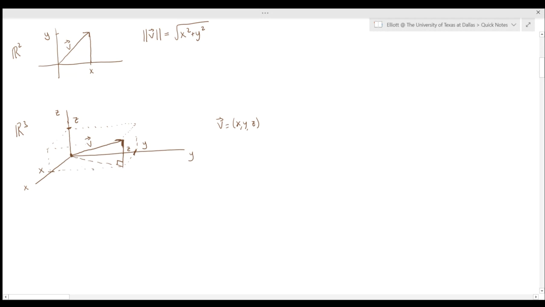So the length of the base would be square root x squared plus y squared, as we talked about just now in R2. So then if you use the Pythagorean theorem on this right triangle, you would get that this squared plus this squared gives you the norm or the length of v squared.